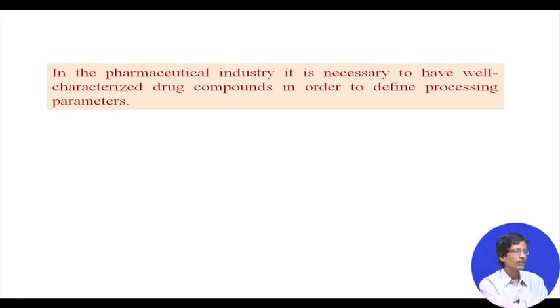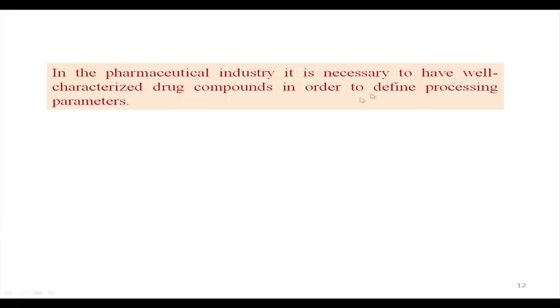Then we have the pharmaceutical industry. In the pharmaceutical industry, it is necessary to have well characterized drug compounds, because the purity must be very high and we are using only milligram level samples. These milligram level samples should not have impurities at the microgram level or the nanogram level.